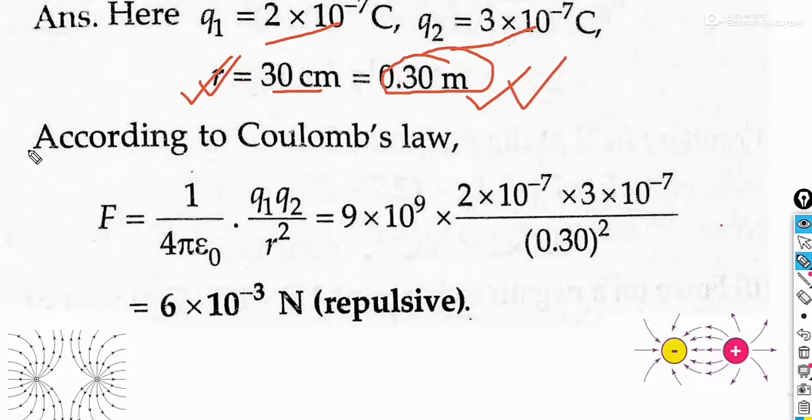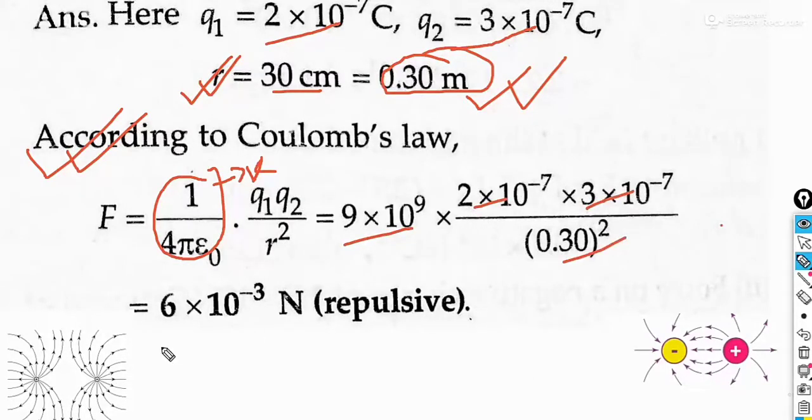According to Coulomb's law, F is equal to 1 by 4 pi epsilon naught, which is K, times q1 q2 upon r square. Putting in the values of K, q1, q2 and r square, we get 6 into 10 to the power minus 3 Newton, which is repulsive in nature.